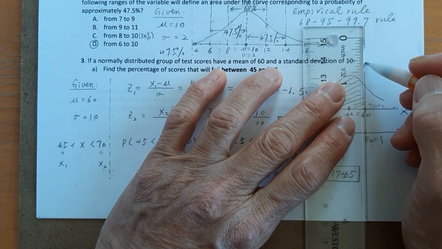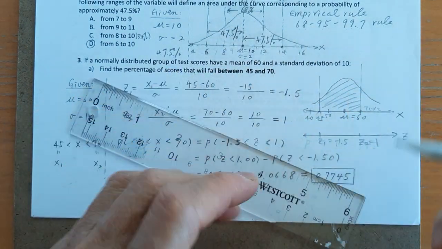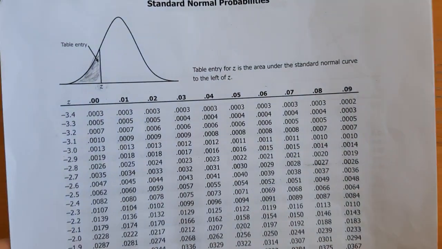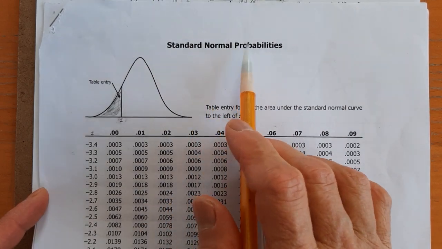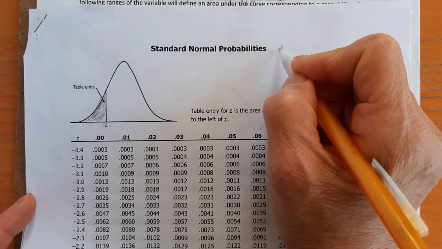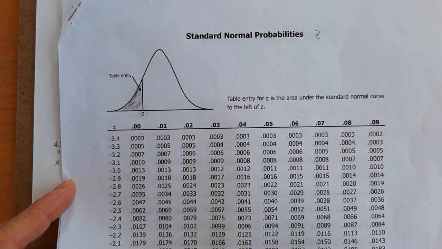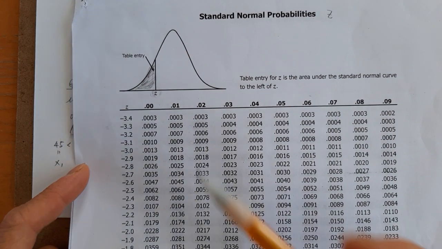So since we are using the standard normal probability table, which is the Z table, the body entry is a probability.